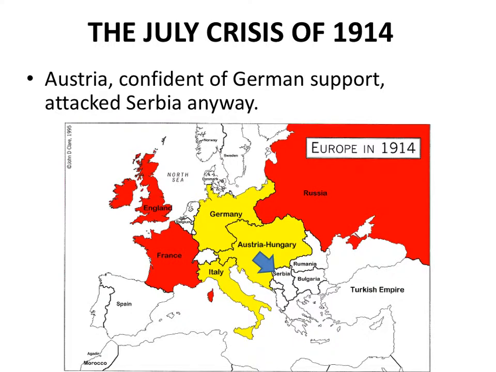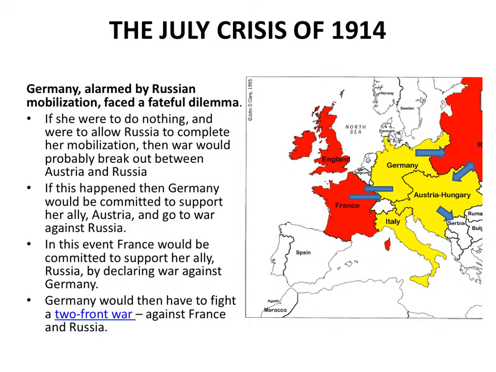So Austria, confident of German support, attacked Serbia. Germany now faced a fateful dilemma, because as soon as Austria attacked Serbia, Russia, who is in the opposite alliance system, started to mobilize.